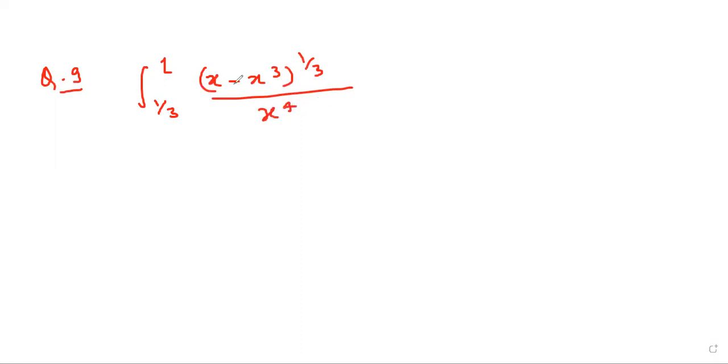Here, we will try to take out x cube common. So 1 upon 3 to 1. To take common x cube, we have to write it as x, if we write it x power 4 upon x cube.